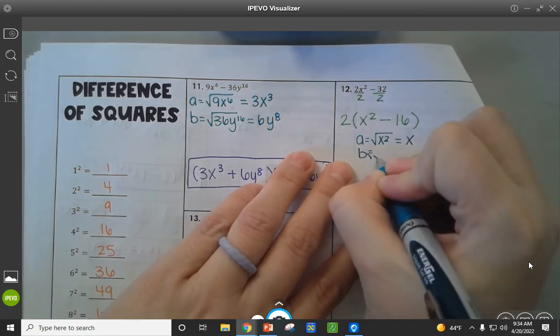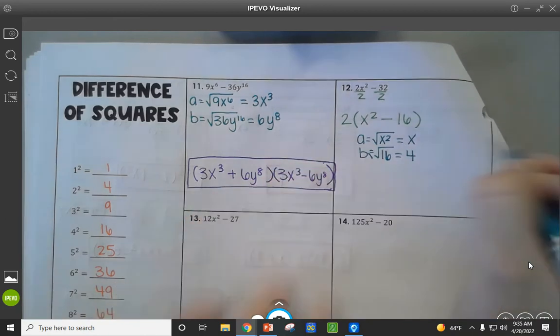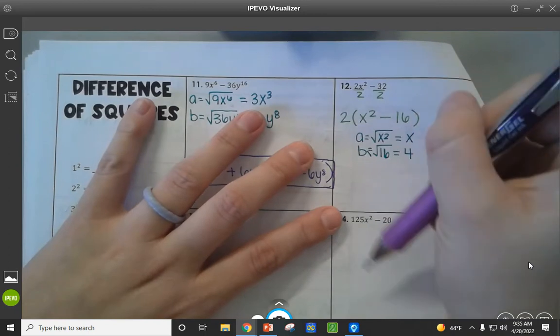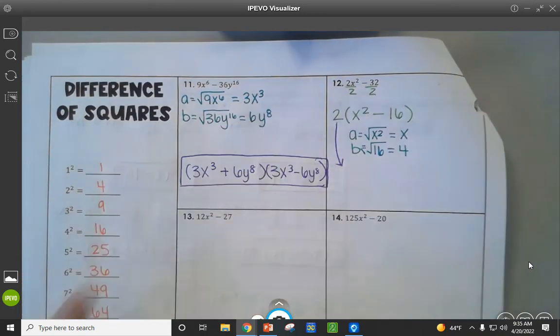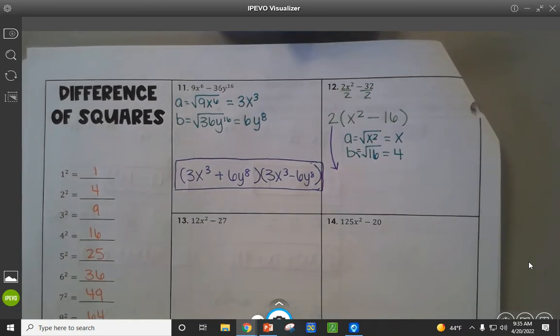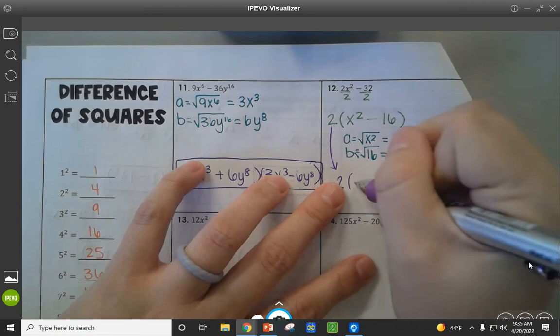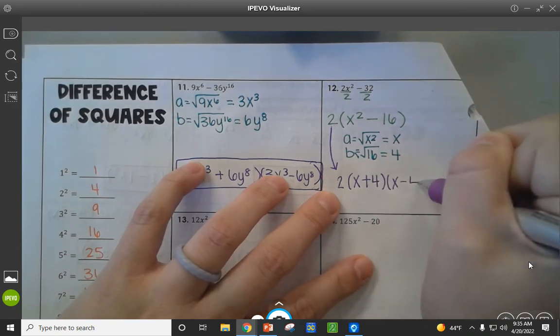B is the square root of 16, which is 4. We do have to remember to bring down the 2. That is part of your answer. It goes on the outside, just in the front. And so then we have 2 times x plus 4, x minus 4.